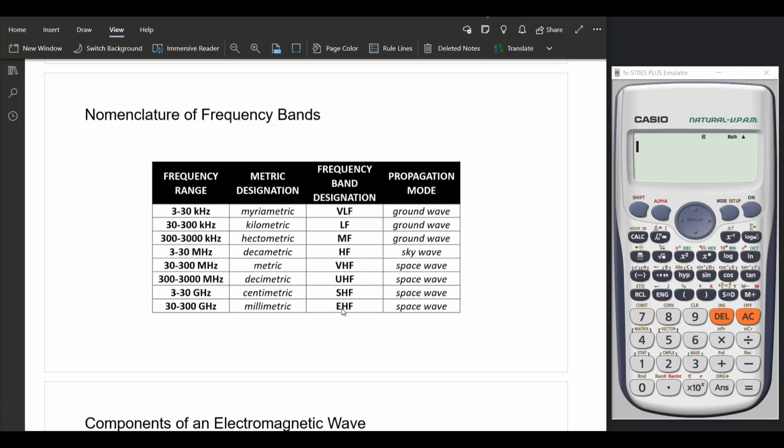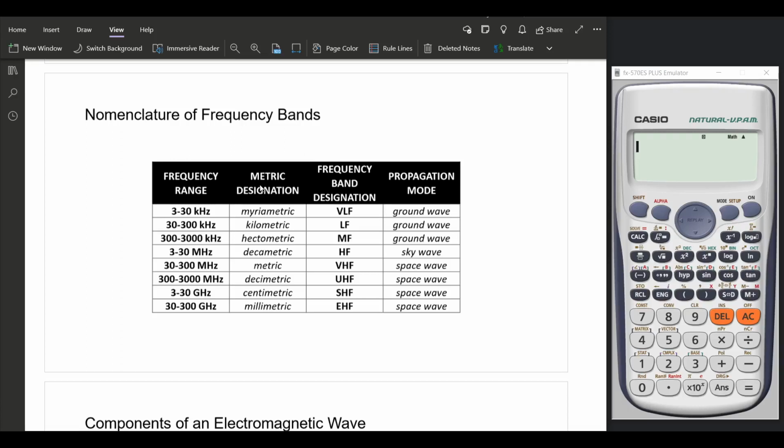Okay, so ito yung mga radio wave signals natin. Ibig sabihin, pag sinabing radio wave, sila yung frequencies na pwede mong gamitin for wireless communication. So sila yung pwedeng mag-travel sa atmosphere ng Earth. Okay, so meron din silang metric designation. So this metric designation is galing dun sa wavelength nila.